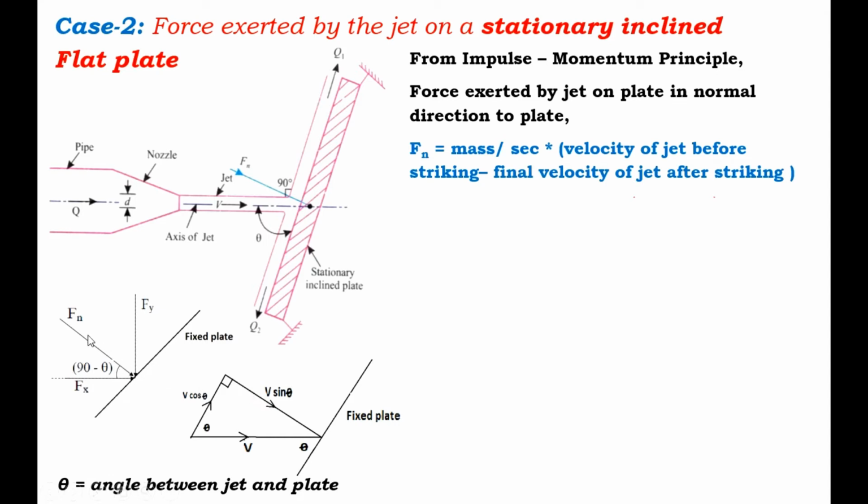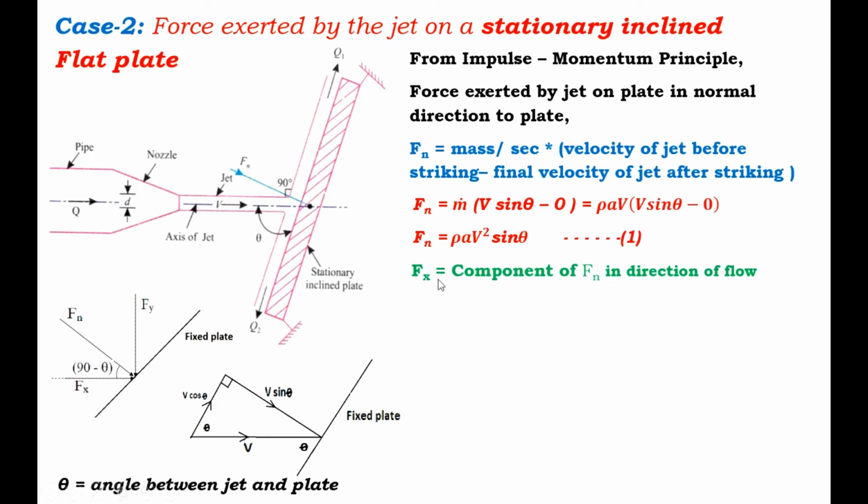If you resolve these forces and velocities, we get the velocity of jet before striking and the final velocity of jet after striking. So Fn is equal to m dot v sin theta, where v sin theta is the velocity of jet before striking, and the final velocity is 0. If you simplify this, we get Fn is equal to rho a v square sin theta.